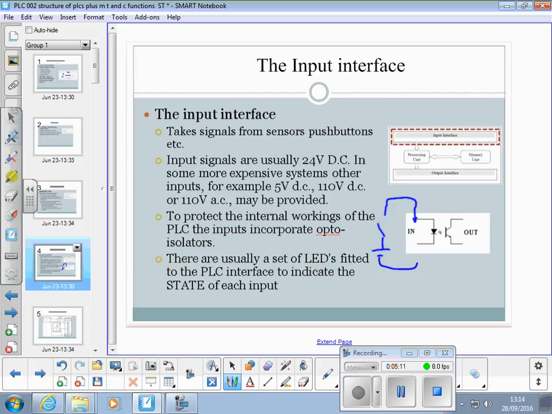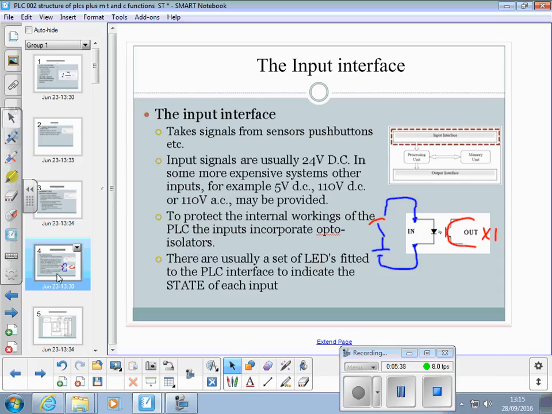There's a power supply to the input terminals like so. When you turn that switch on, it turns on an LED in the input stage that is detected by a photo transistor and actually turns on the actual input inside the PLC, let's say X1.